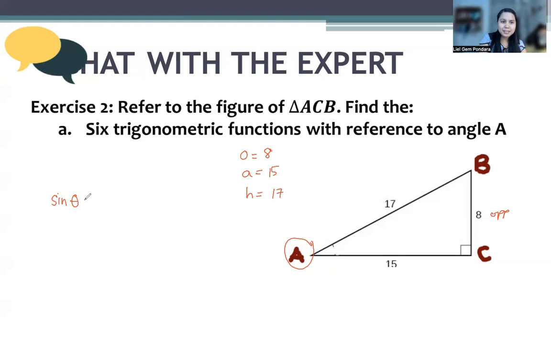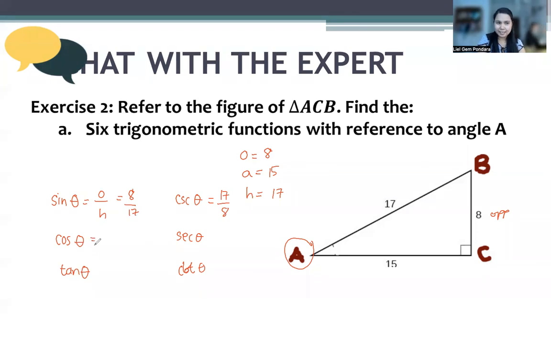In your chat boxes, tell me, what's the value of the sine? Opposite over hypotenuse. Very good. Opposite, 8 over hypotenuse, so 8 over 17. So our cosecant is 17 over 8.